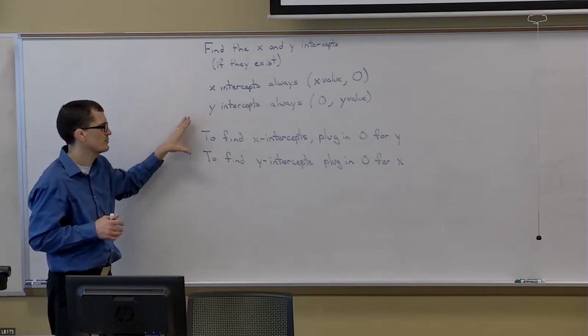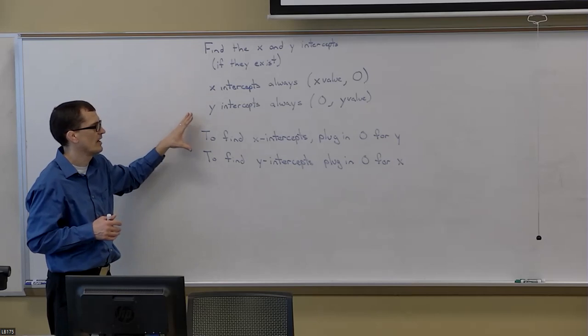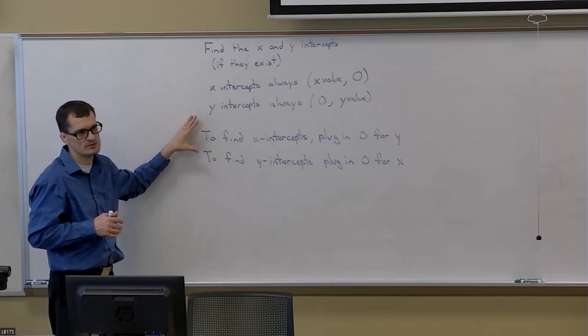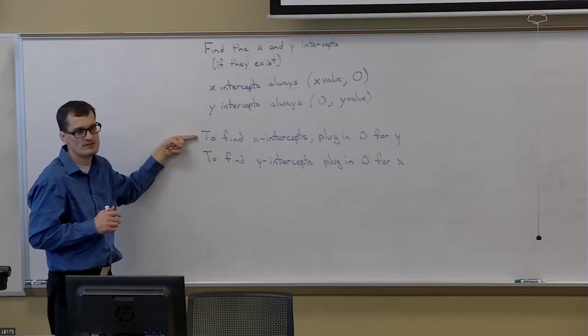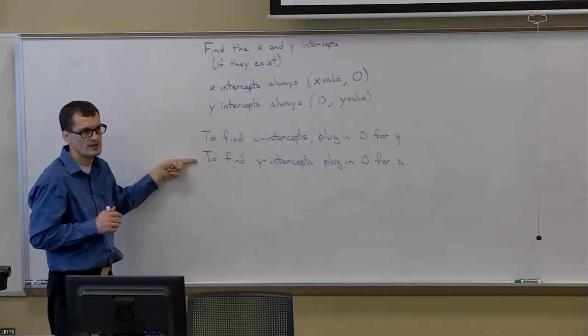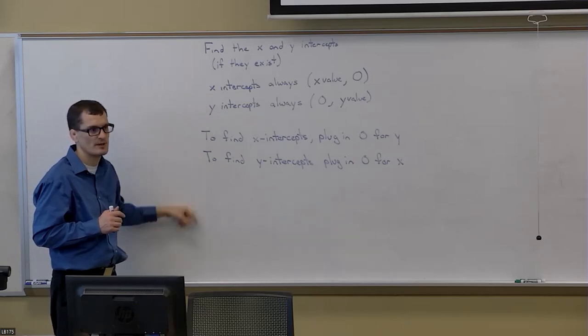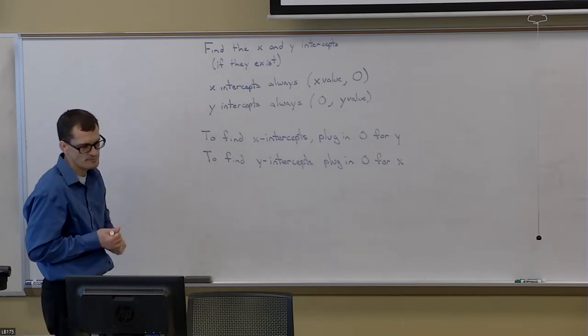Next week, we'll come in here and we'll look at some other types of functions. We'll say, what are the x and y intercepts? And we'll find the x-intercepts by plugging in 0 for y, and find the y-intercepts by plugging in 0 for x. All right.